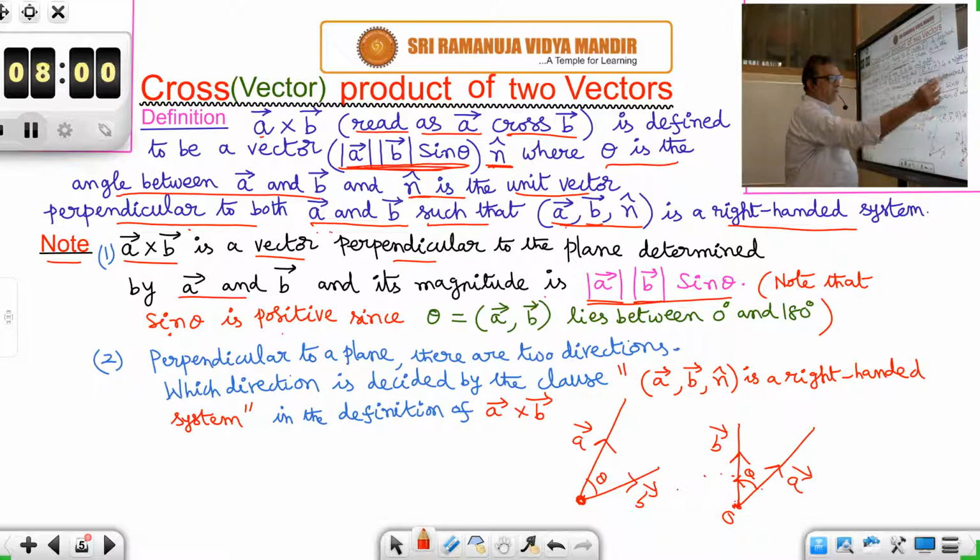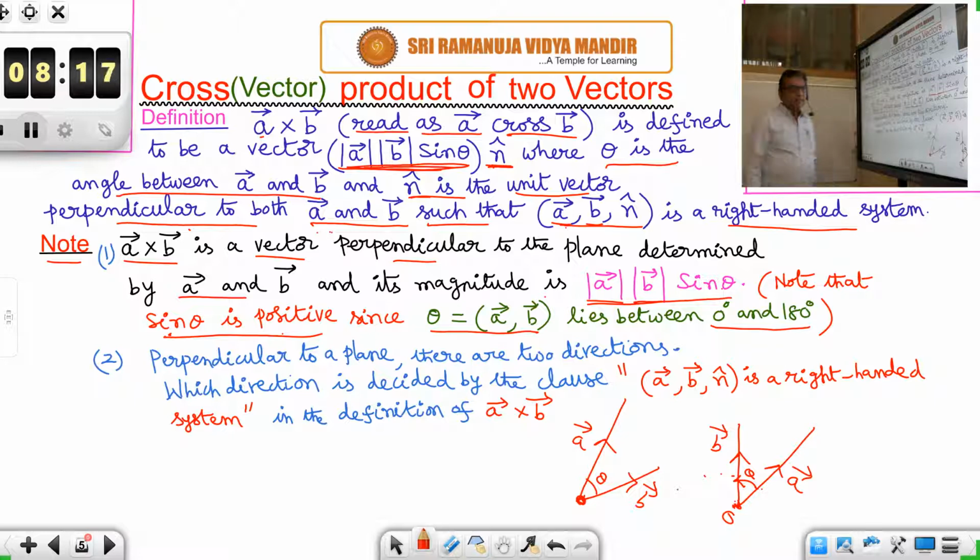Now the question is, why have we not put mod sin theta? You need not put mod sin theta, because sin theta is always positive, because theta is the angle between the two vectors. The angle between two vectors will always lie between 0 and 180 only. If the angle is 0, we call them like vectors.